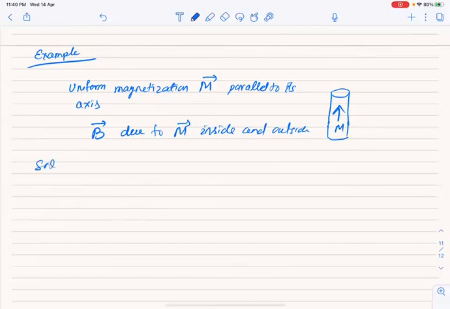Okay, solution. First let us look at the fact that M is uniform. So there's a uniform magnetization M. What it means is that your JB, which is the curl of M, becomes 0 because your M is uniform.